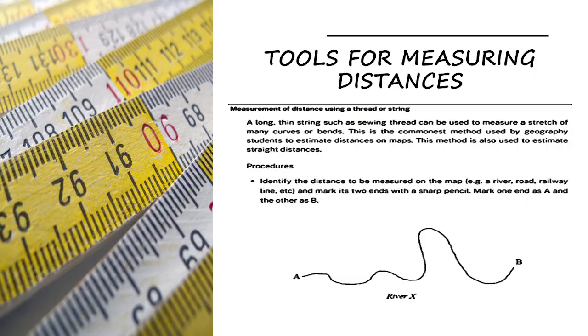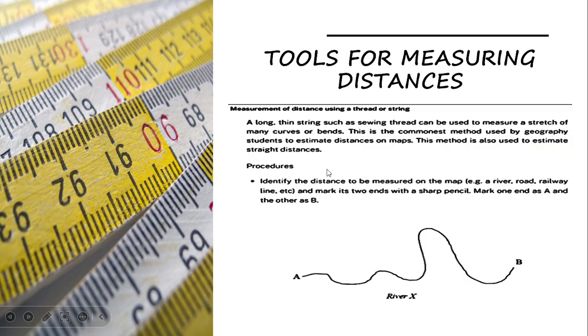This is the commonest method used by geography students and those who make maps to estimate the distances on maps. The following are some of the procedures on how you can measure using a thread or a string.